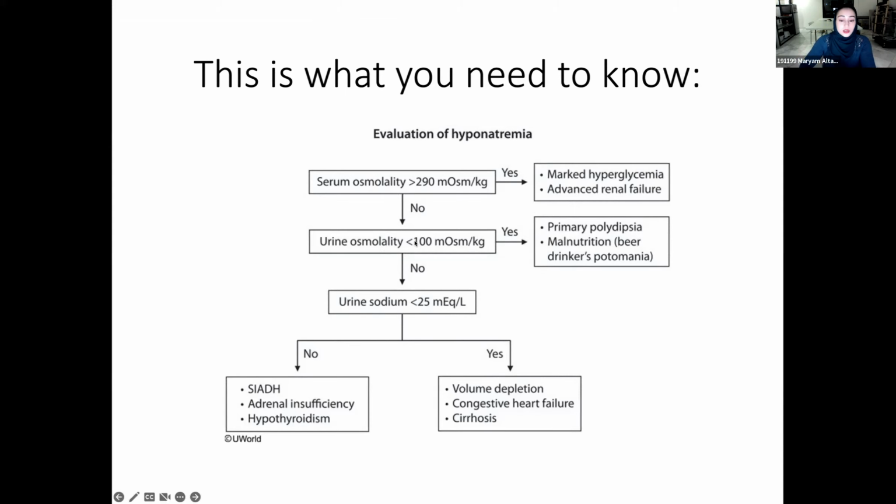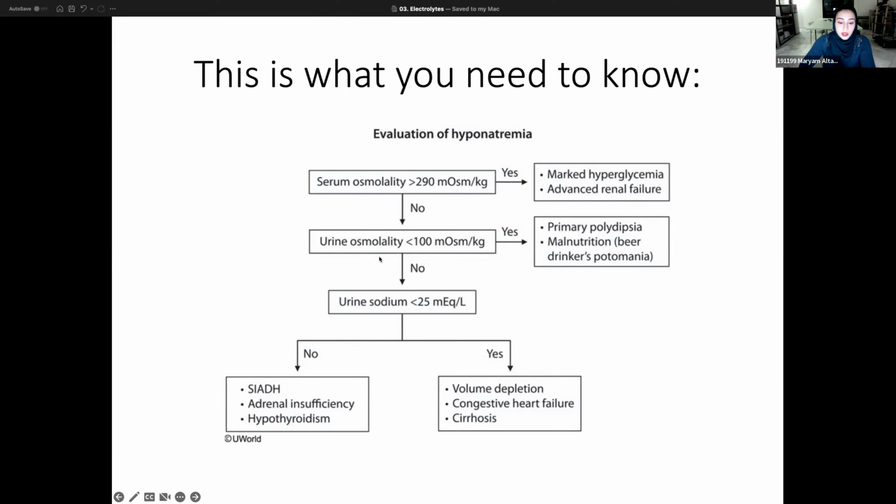And then we say no. Okay. So urine osmolality is high. Okay. High urine osmolality, low serum, low sodium. That's where we are in this algorithm. So now, is the urine sodium less than 25? So if the urine sodium is low, okay, then we know that this is probably a case of activation of RAS, because renin, angiotensin, aldosterone, if the sodium is low, that means you're reabsorbing it somewhere.